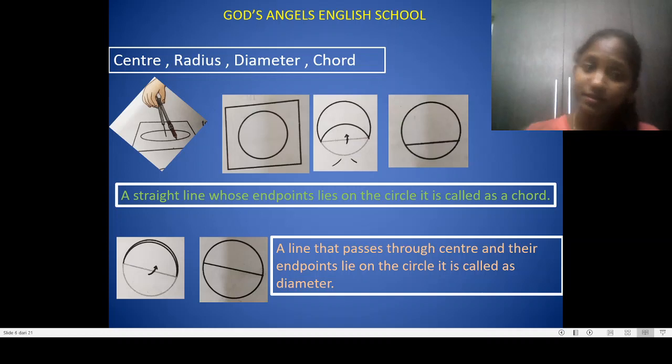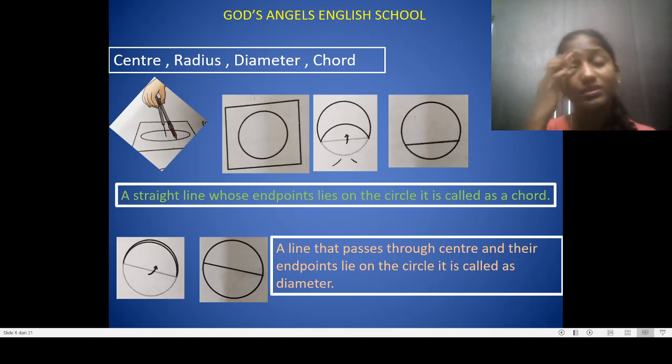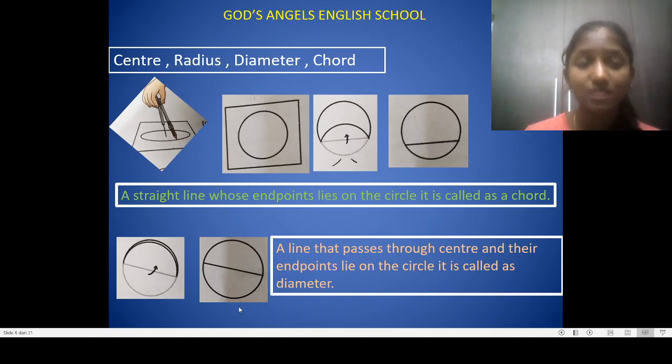So that line passes through that center. A line that passes through the center and whose endpoints lie on the circle is called a diameter.